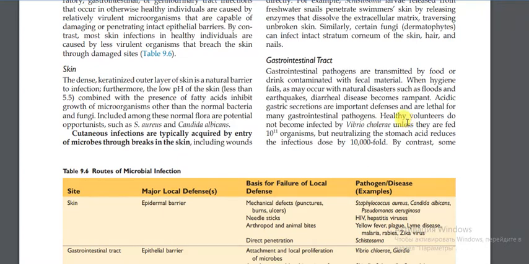Stomach acid kills this Vibrio cholerae, but if you drink water before it, or the stomach acid is neutralized before you drink water contaminated with Vibrio cholerae, then Vibrio cholerae can pass into the lower parts of the gastrointestinal tract, and it causes an infectious dose.